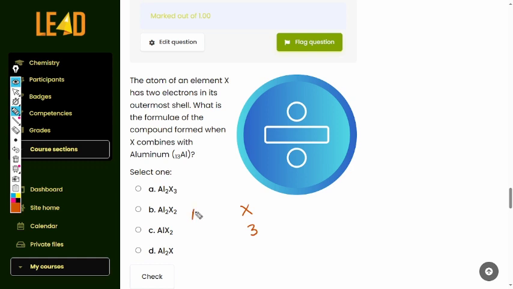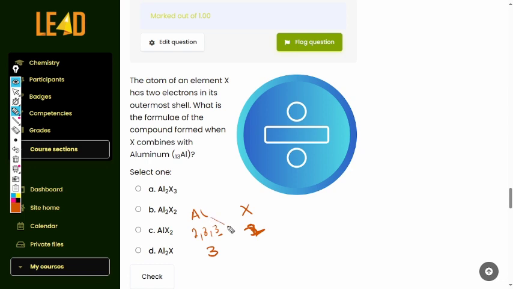Now aluminium, which has an atomic number of 13, is 2,8,3. So the combining power of aluminium is also 3. X has 2 electrons in its outermost shell, and the combining power of aluminium is 3 because it has 3 electrons that it can lose.